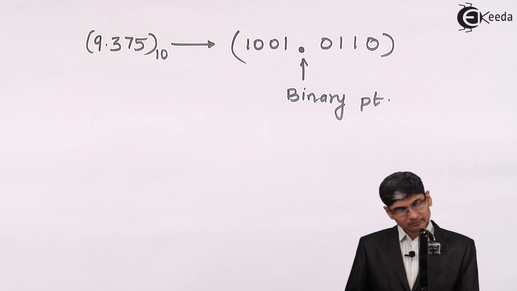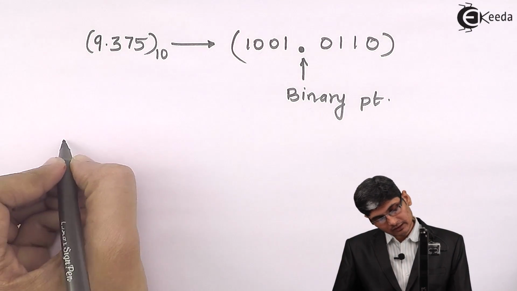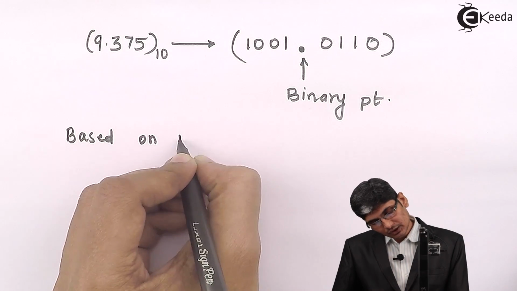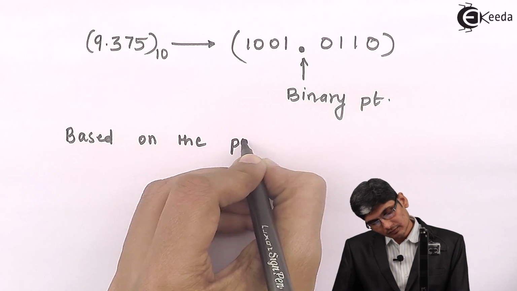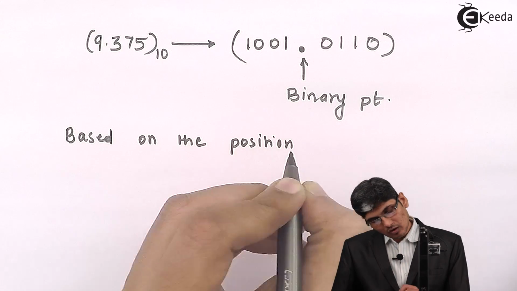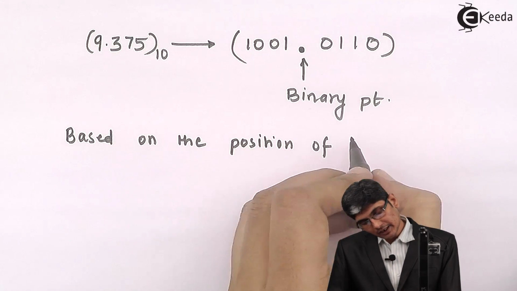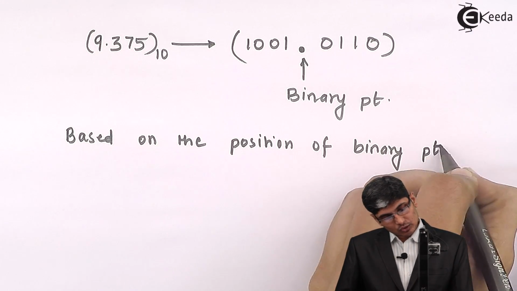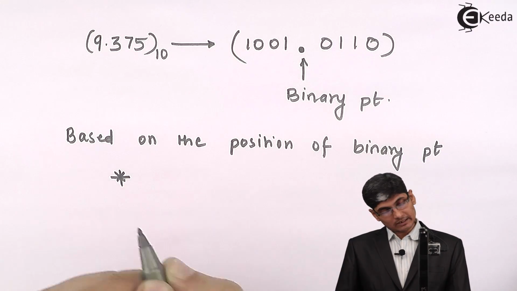So I can write like this: based on the position of the binary point, we have two number representations.